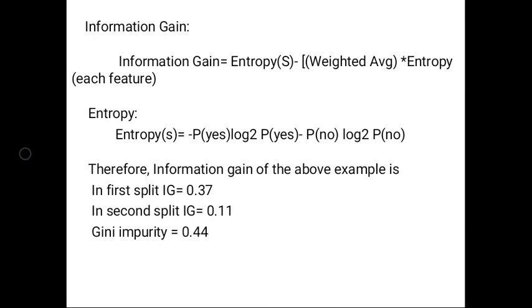The information gain and entropy formulas are given. For the above example, the information gain of the first split is 0.37, of the second split is 0.11, and the Gini impurity is 0.44.